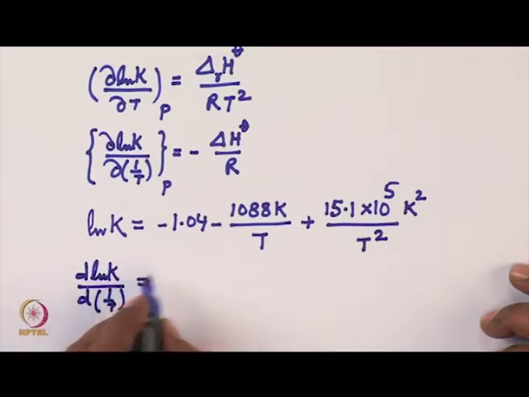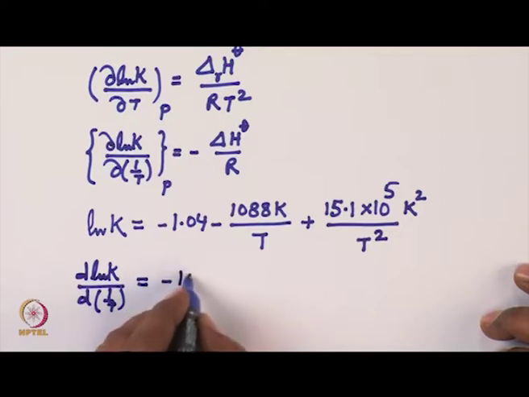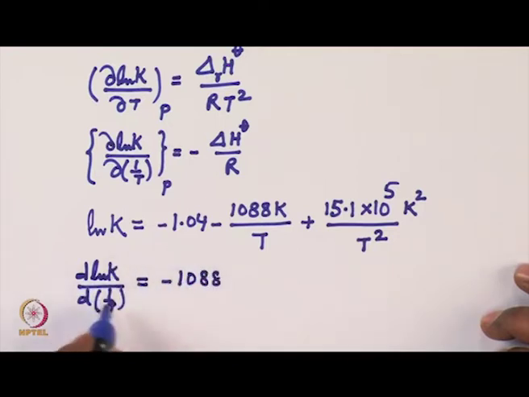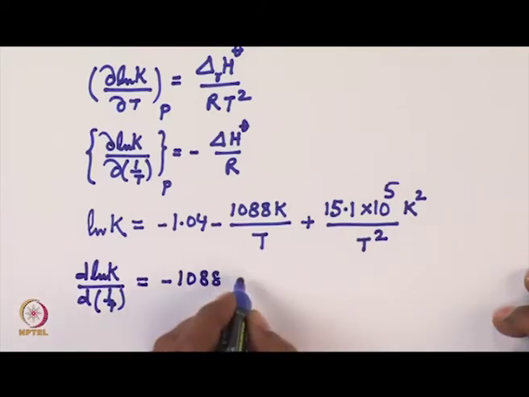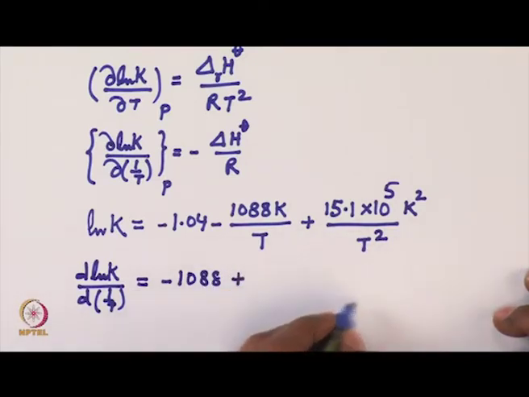What will I get? This is 0, and the next one is minus 1088, because d 1 by T of T is going to be 1, and here it is 1 by T square.